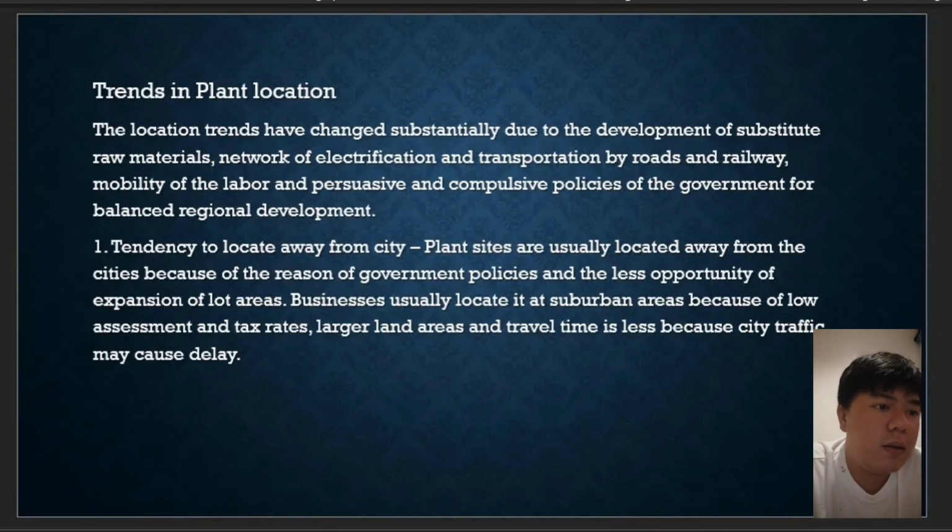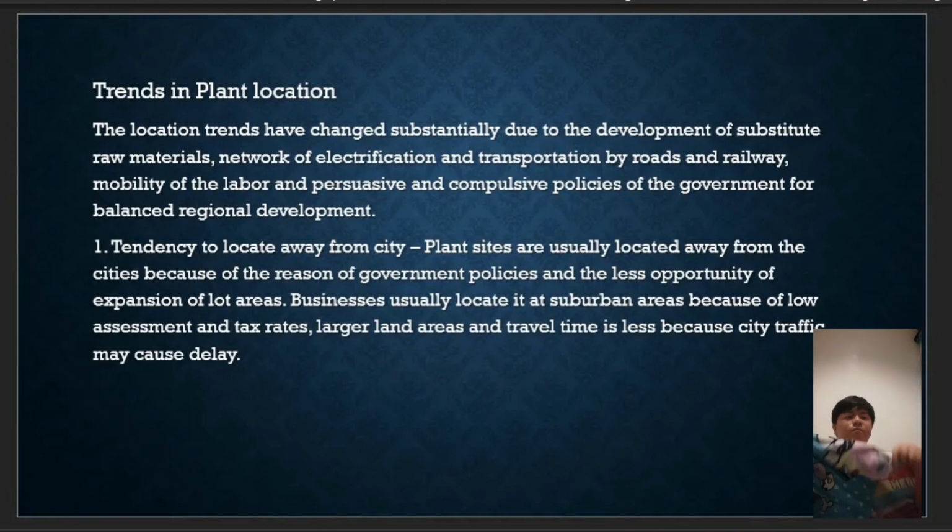So number 1, tendency to locate away from the city.